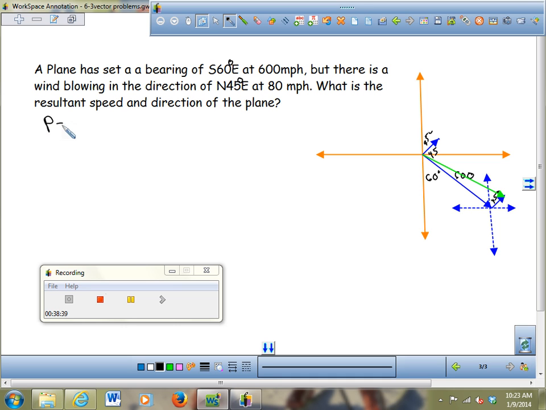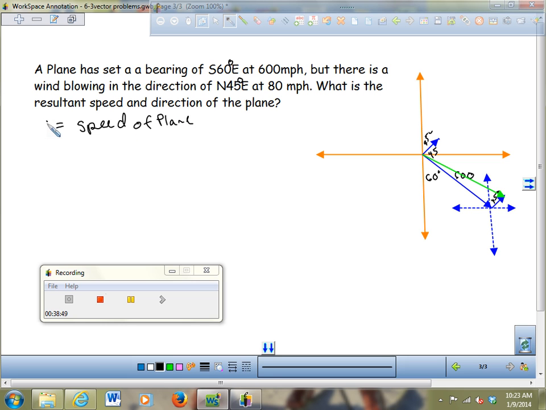So what you're going to do is add together, P equals we'll just call it the plane vector. Not the speed. P equals the plane vector.